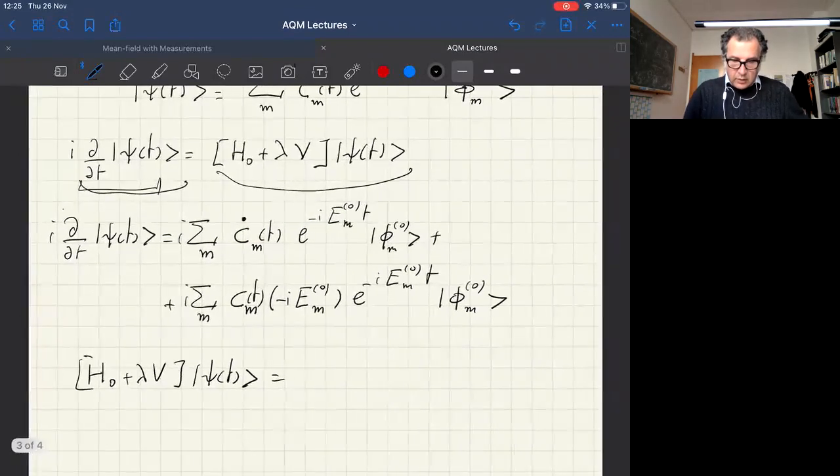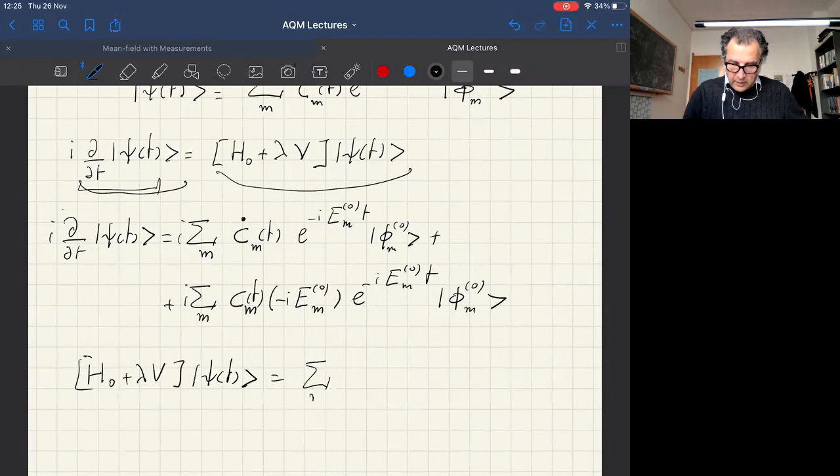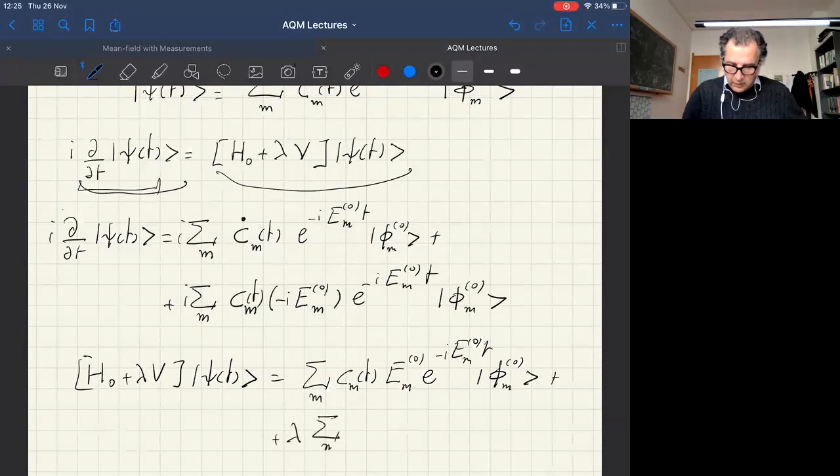When I apply h0 to psi of t, it is just the sum over m of cm of t e0 m e to the minus i e0 m of t phi 0 of m, plus lambda sum over m cm of t e0 m to the minus i e0 m of t v applied to phi 0 of m.